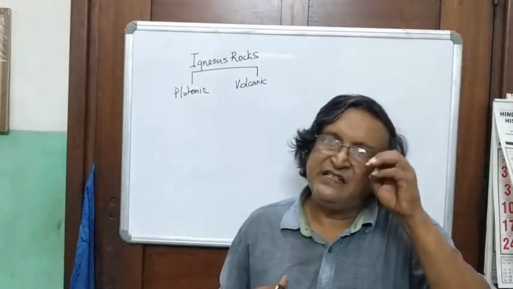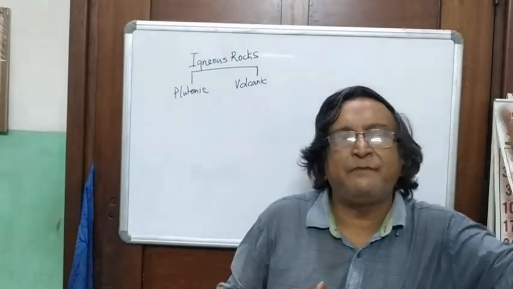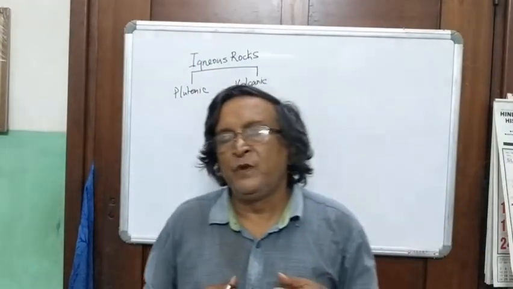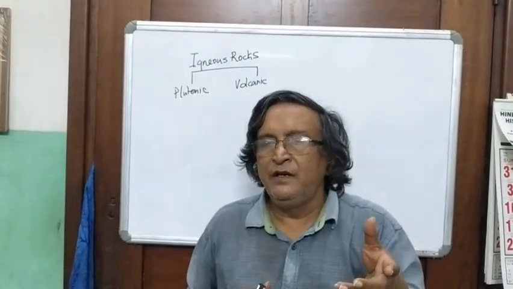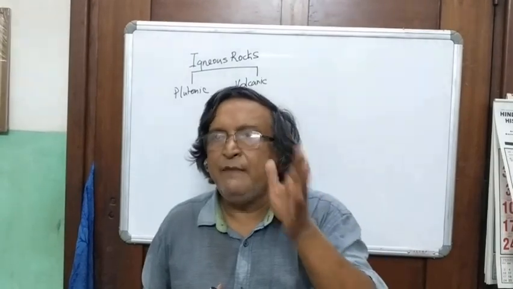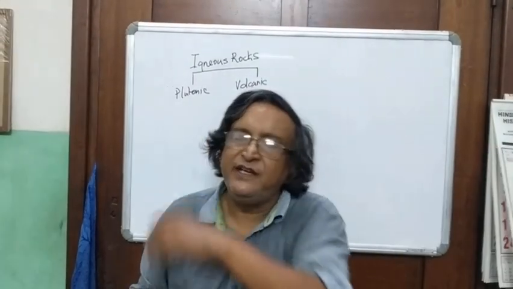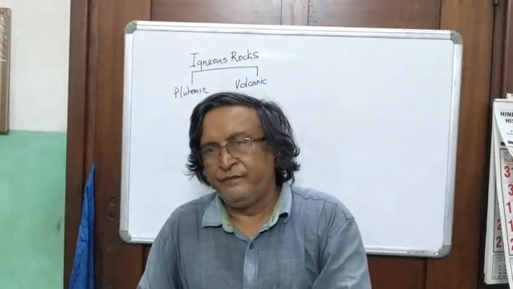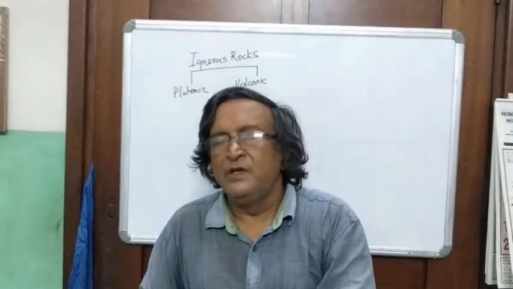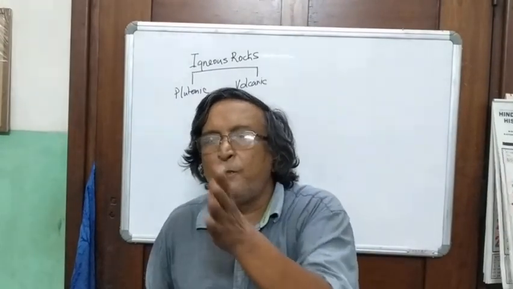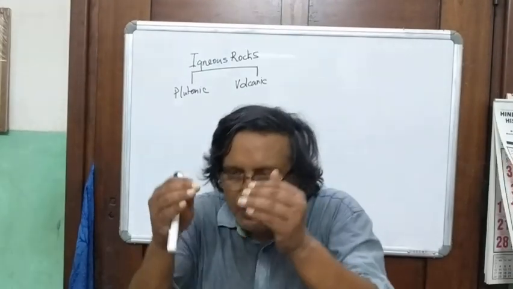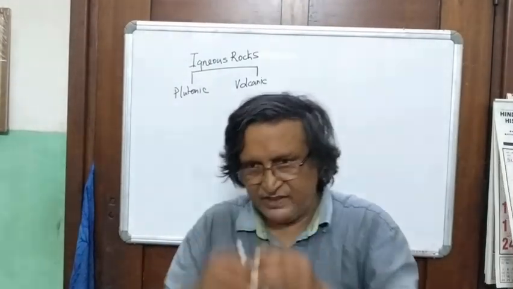So if there is a rock with a density of 3 grams per centimeter cube, its melt would be 3 minus 0.9 into 3. So it will be lower than the rock itself.